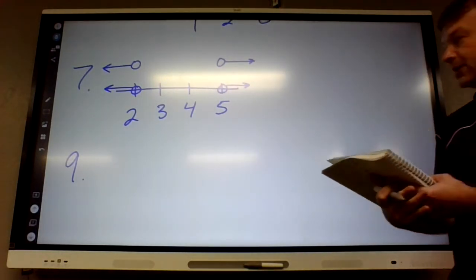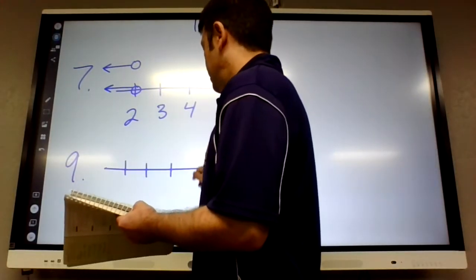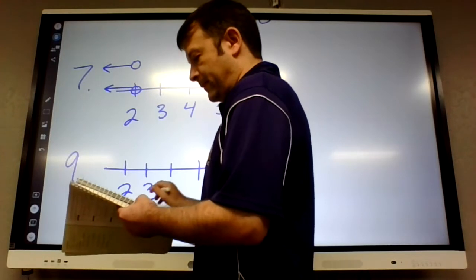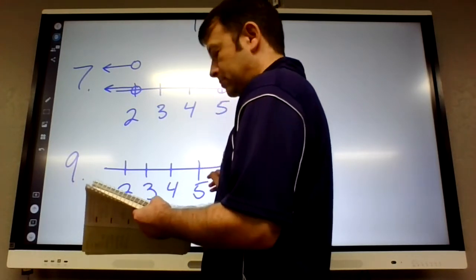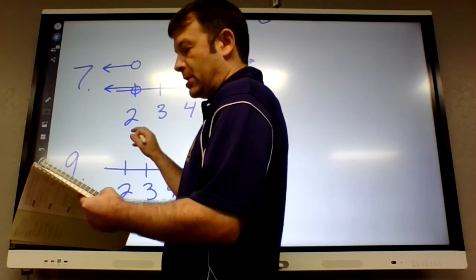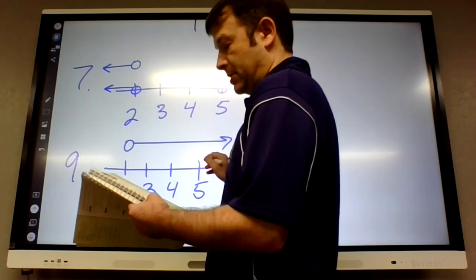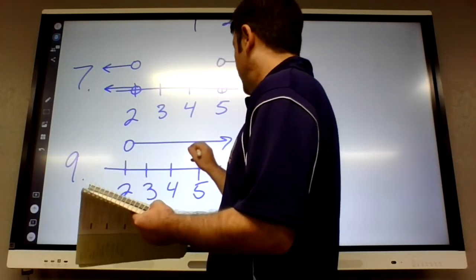Number 9. They're using 2 and 5 again. Okay, on the first 3, or first 4. x is greater than 2, or x is greater than 5.